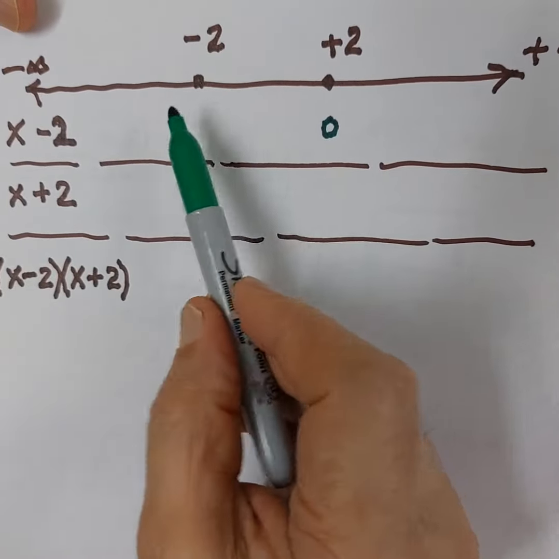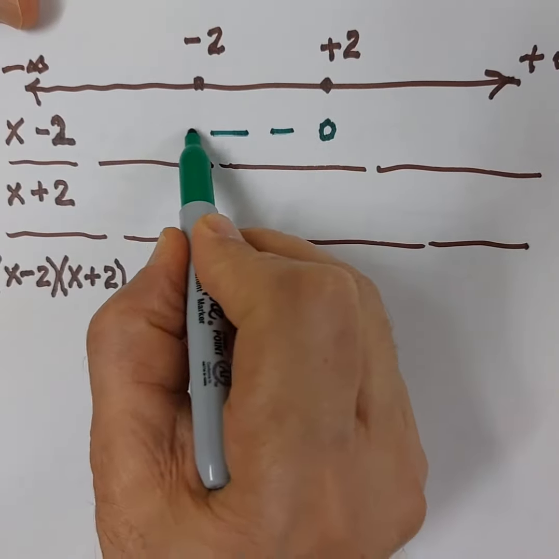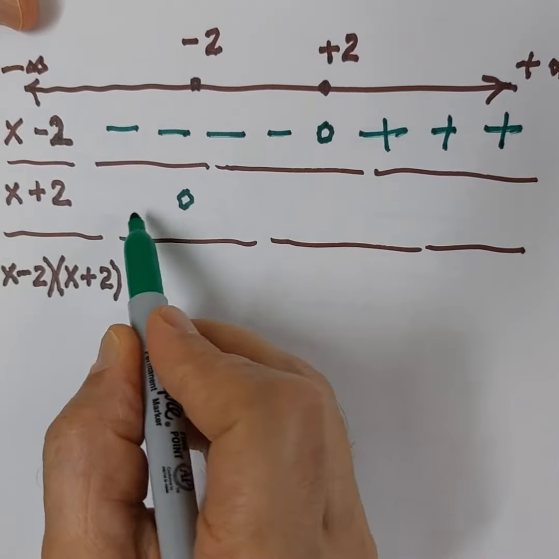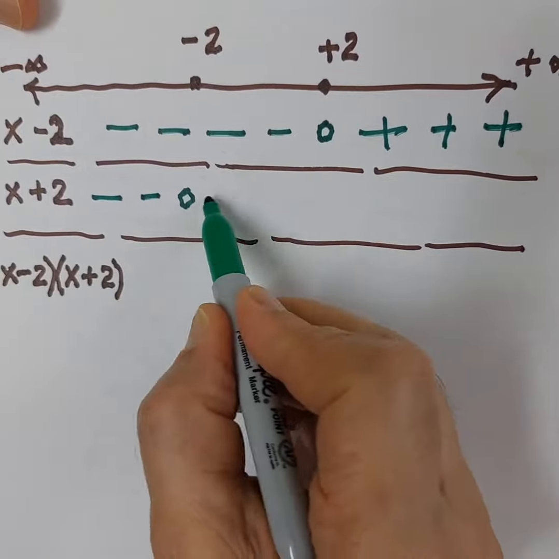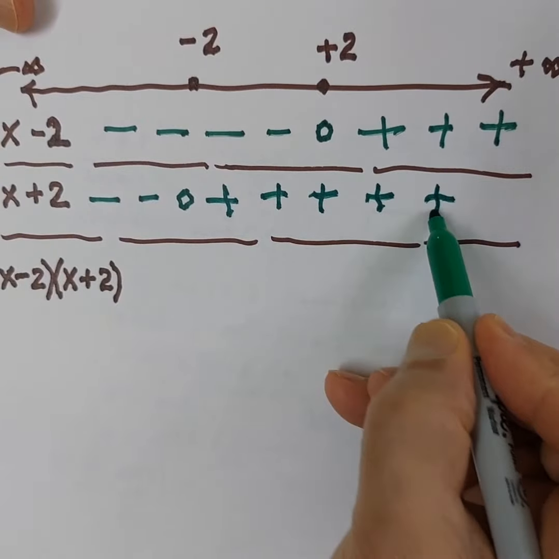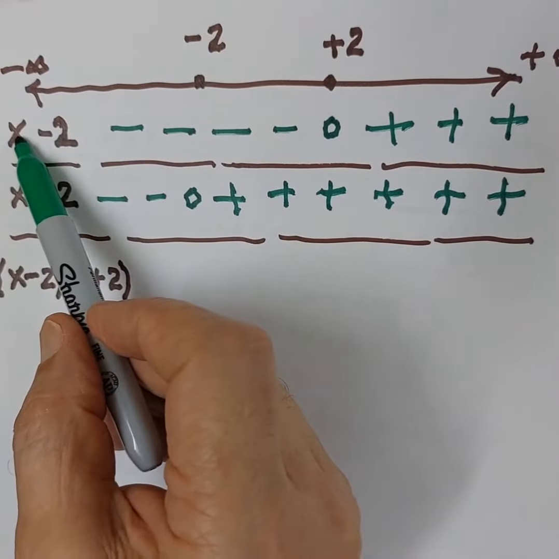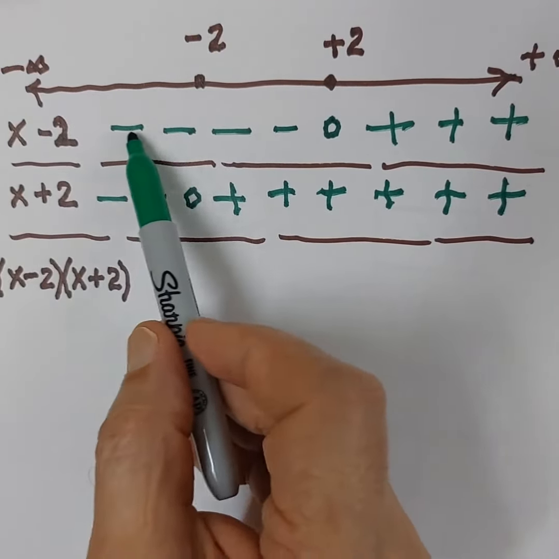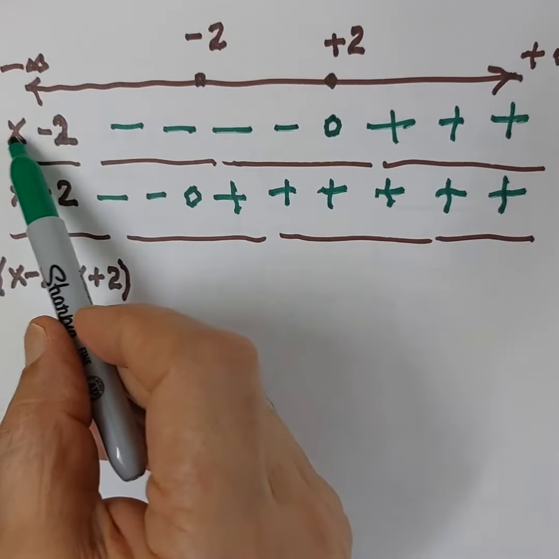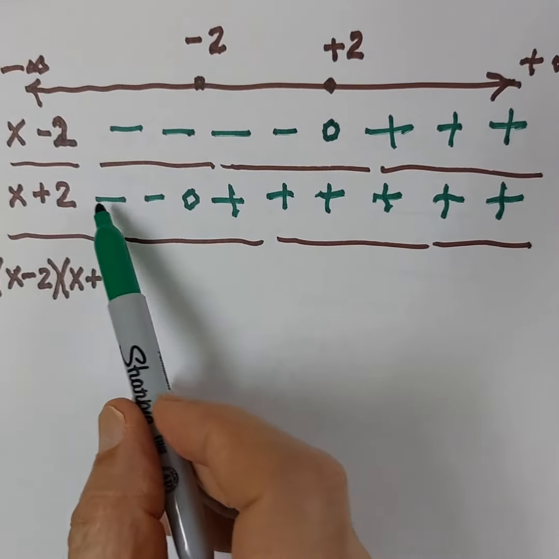And the sign for this will be here negative, here positive, and the sign for this one is here negative and here positive. Like negative 3, put it here. Negative 3 minus 2, that means negative 5, that's why it's negative. Take any number here, like plus 3 minus 2, that means plus 1, that's why we wrote plus. And we did the same with the other one.